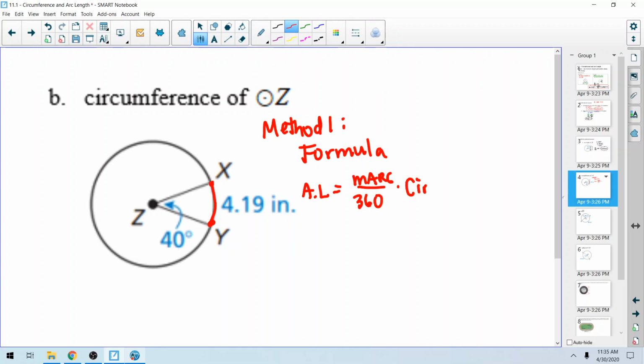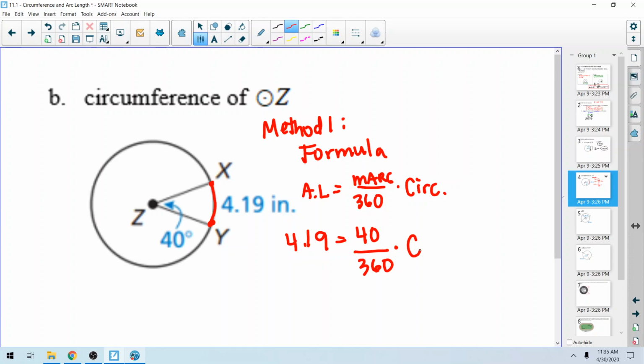times the circumference. So this time I'm given that the arc length is 4.19 inches, which equals the measure of the arc, which corresponds to 40 degrees out of 360, and we're going to multiply that by the circumference.